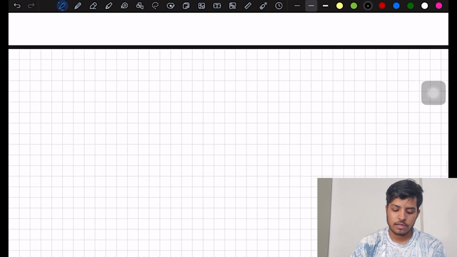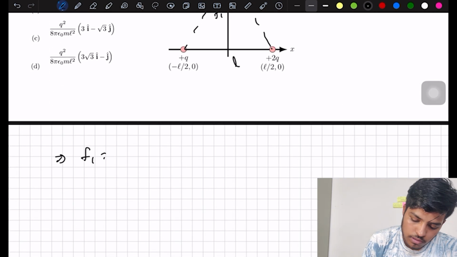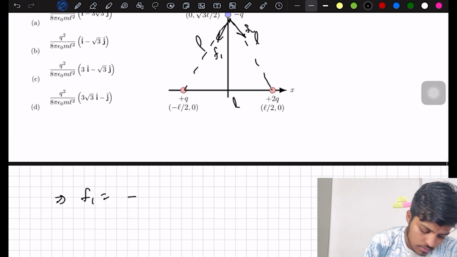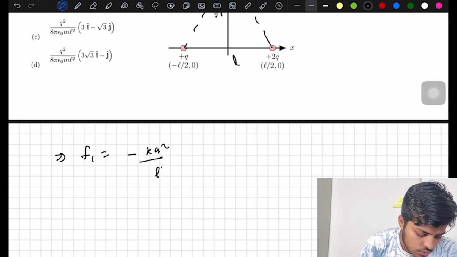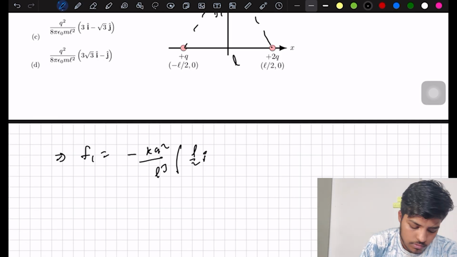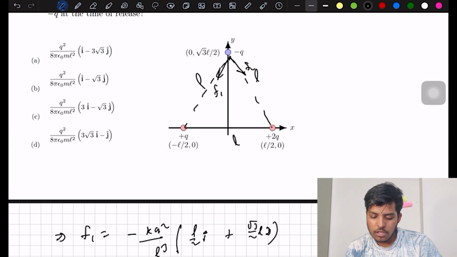So it will attract, right? So F1 equals minus KQ square upon L square into L upon 2 I cap plus root 3 upon 2 L J cap.